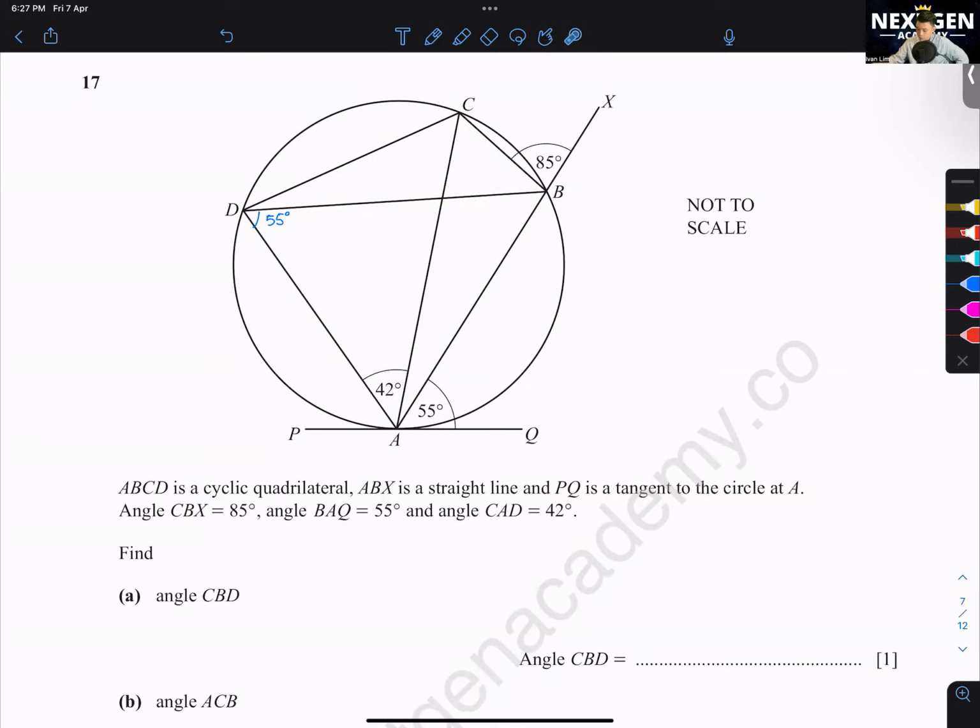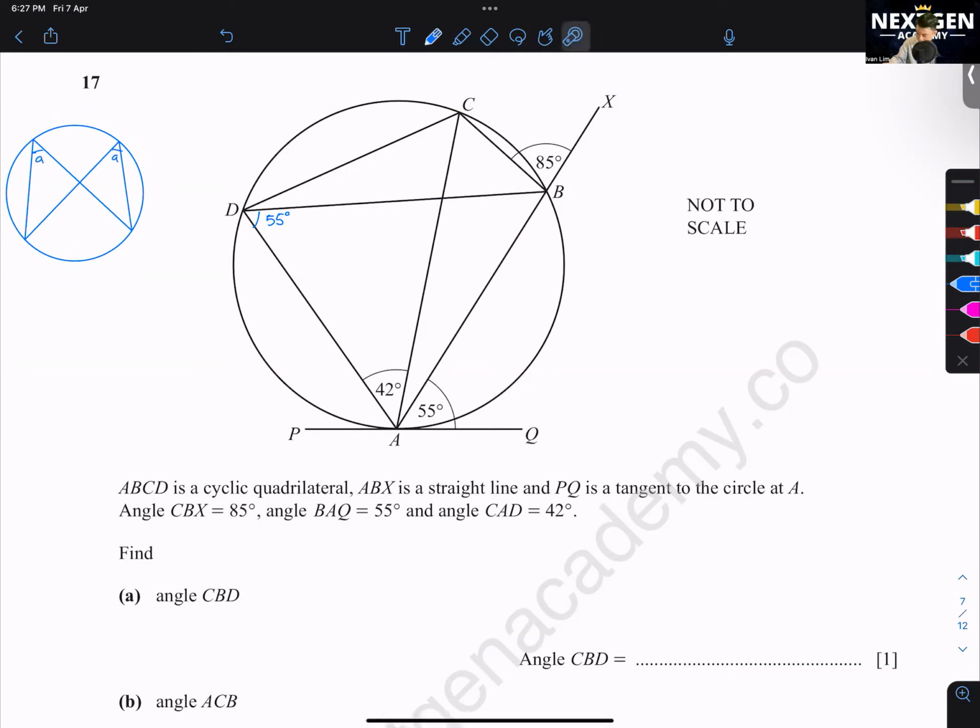Angle in the same segment, for which one? Same segment is like this, the butterfly, and like this, angles in the same segment.